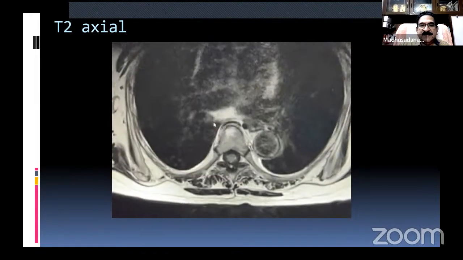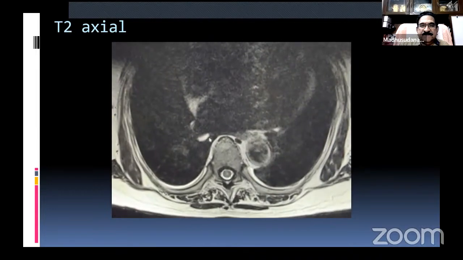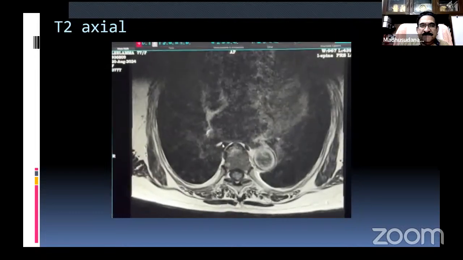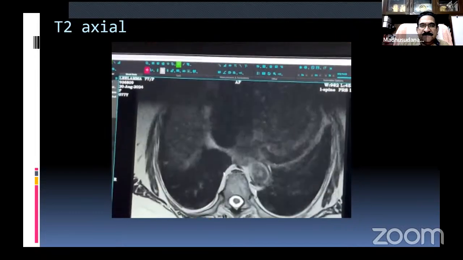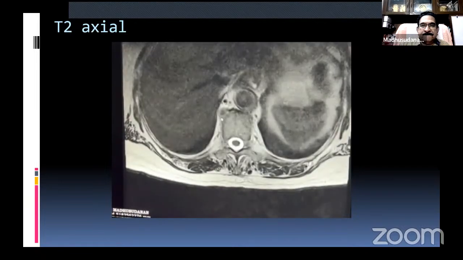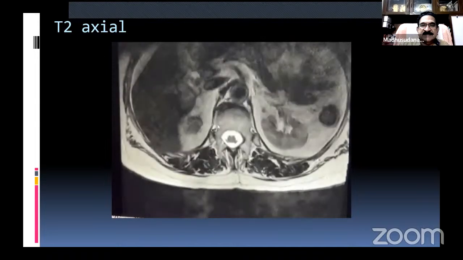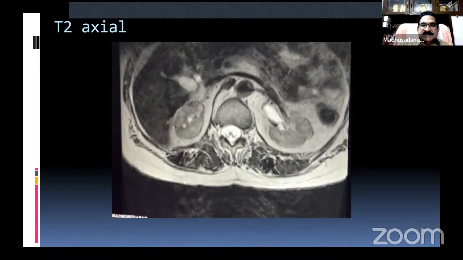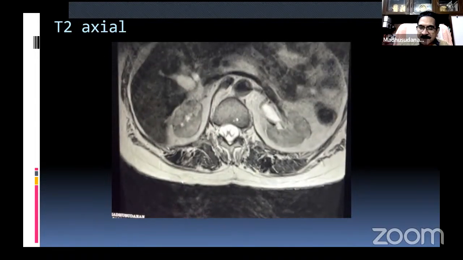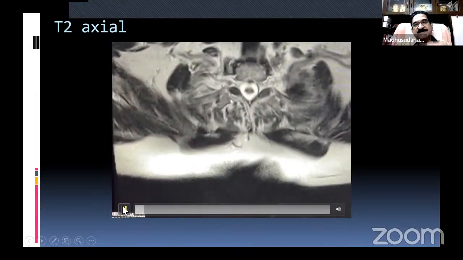This is the T2, remember T2. Coming down to the conus, epiconus region. That is the conus region. Okay, so what do you think about seeing the MRI? It's an axial cut. I will show you once again.